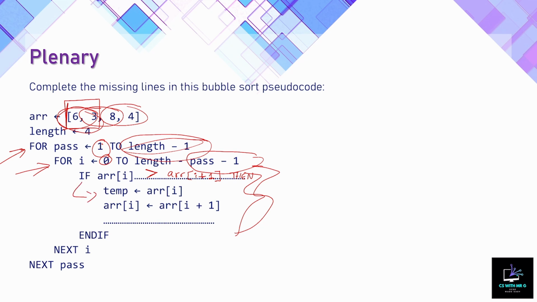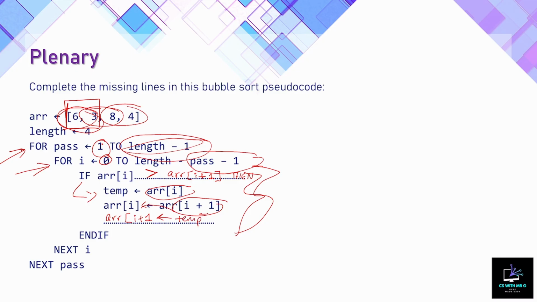We store the number in the position I in a temporary variable, which is the first step of the swap. We then put the one from the position next to it, so I plus 1, into the position I. And then we need to put the temp variable into the position 1 to finalize the swap. So array position I plus 1 becomes temp.